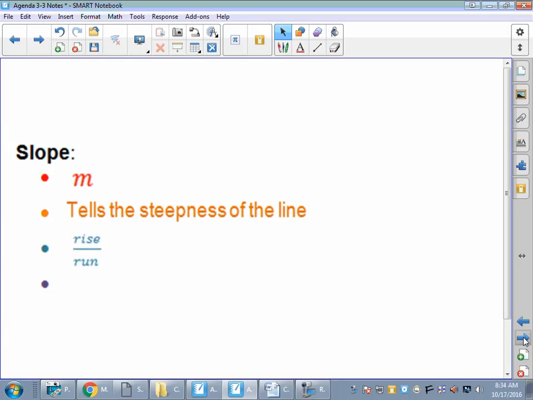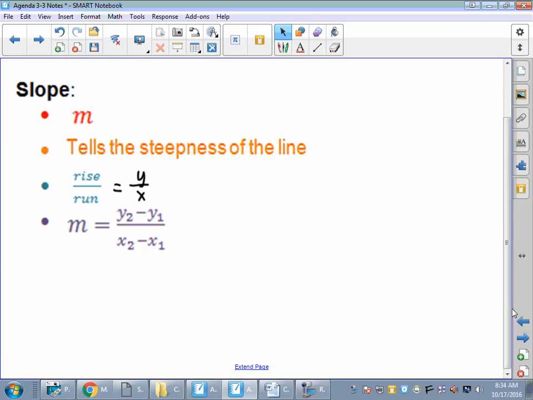If you've got a graph, you can count the rise, how far up or down, over the run, how far across. Up or down is the y direction. Over run is the x direction. So it's always y over x. And our formula, make sure you've got that. M equals y2 minus y1 over x2 minus x1. What are your change in y's over your change in x's?